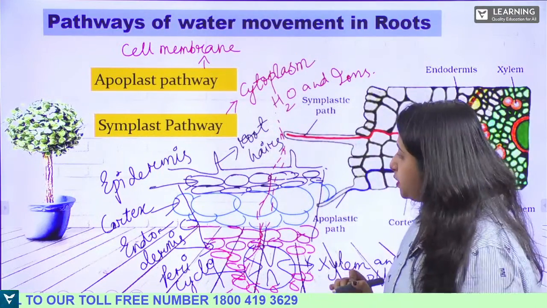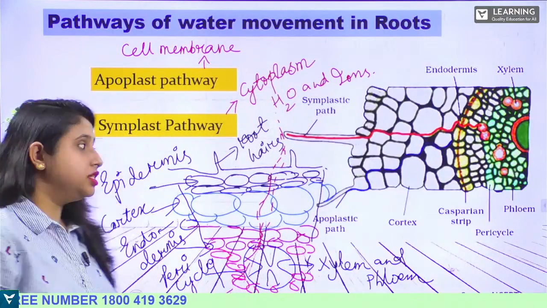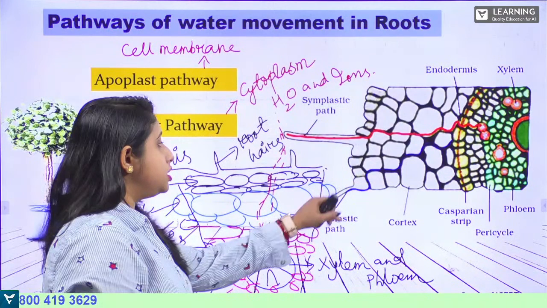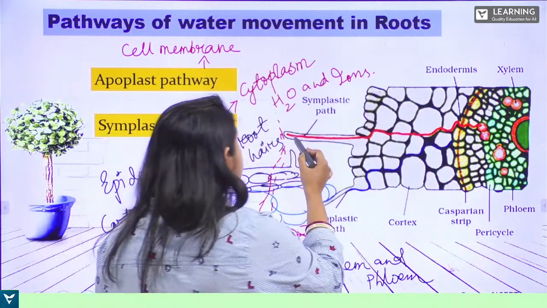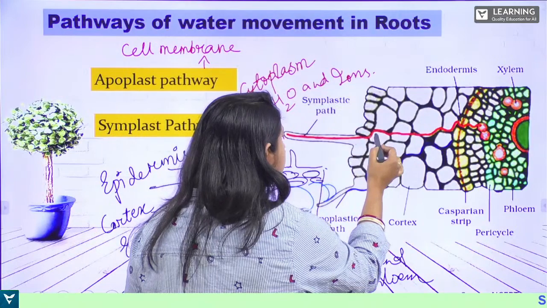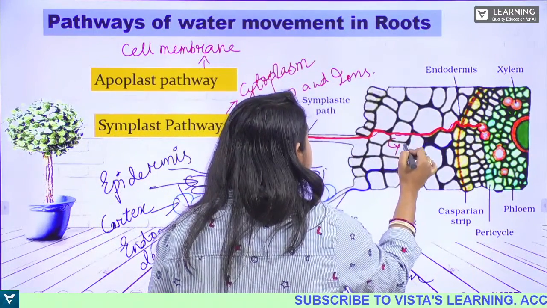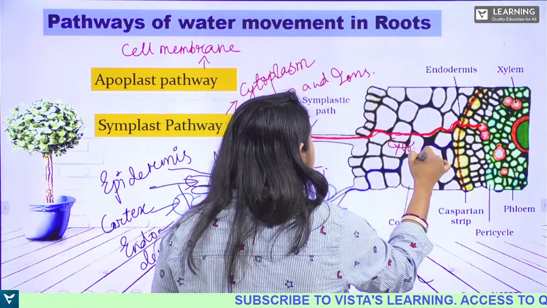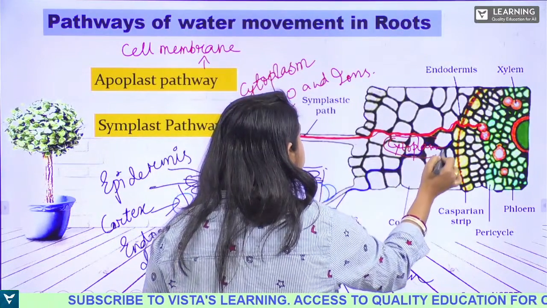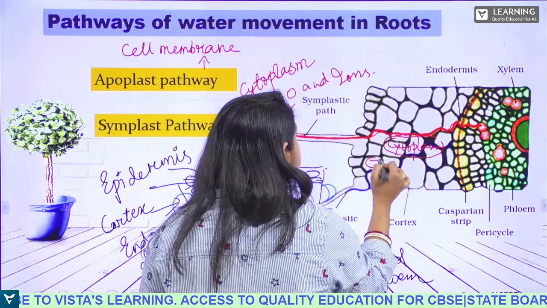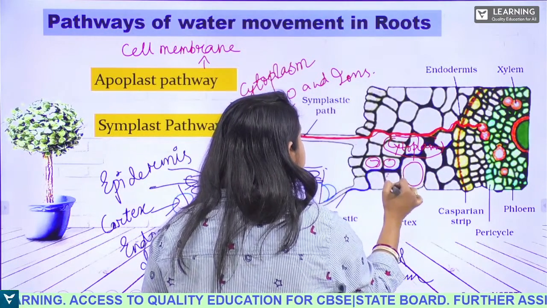Now, I will explain how it is taking place. This is the diagram which is given in your book. This is Symplast, that means it is moving through the cytoplasm. These channels you can see are the cytoplasm of the cell. It moves directly through these areas.